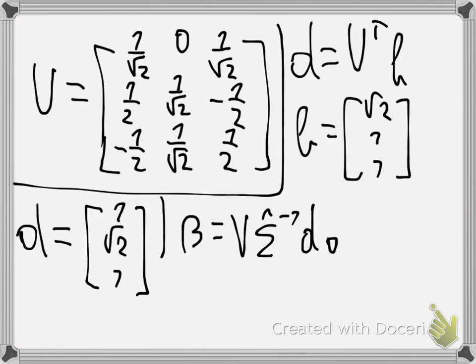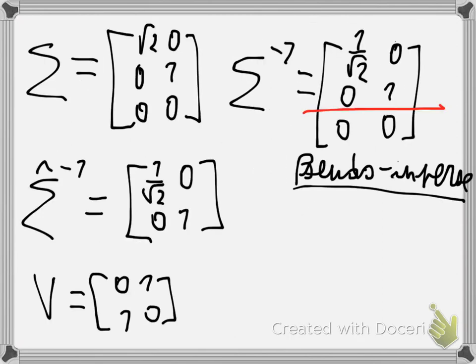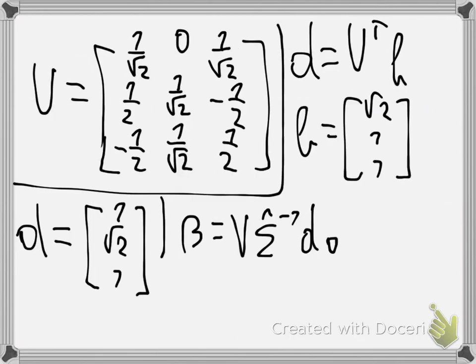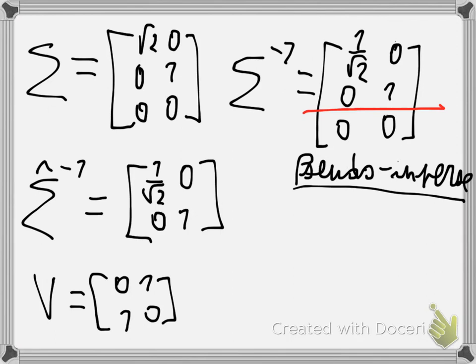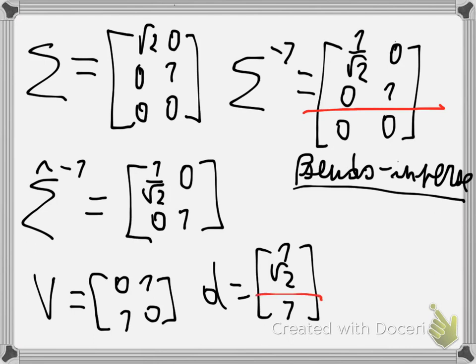And now also, remember we need to multiply D with sigma. But our D has 3 rows, but sigma only has 2 columns. So remember D is given by the following. We will cut the last row, basically.